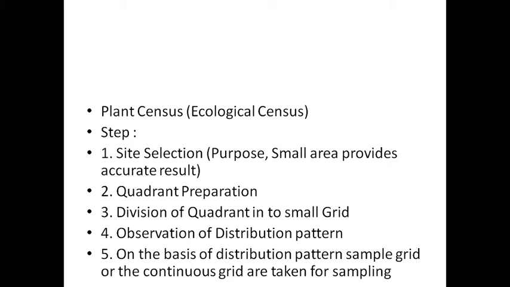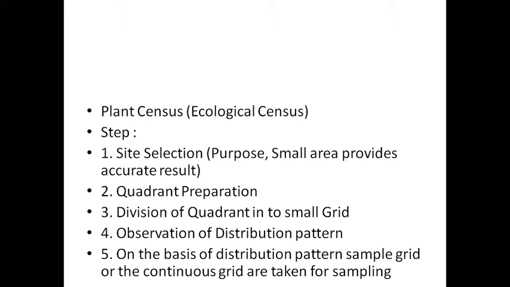Selection of the sites depends on the purpose of the individual, the researcher, the student. Students have every liberty to select any area for preparation of the matrix of plant diversity according to their own choice.